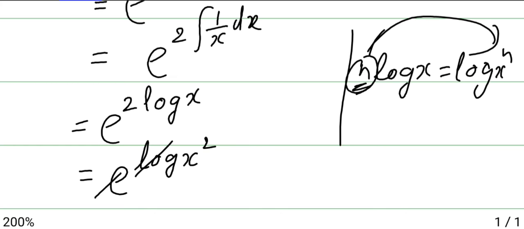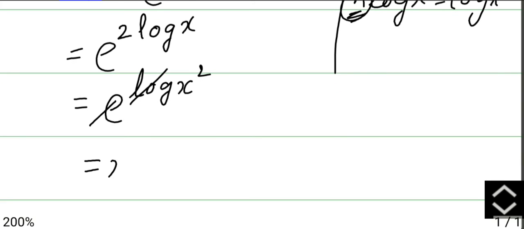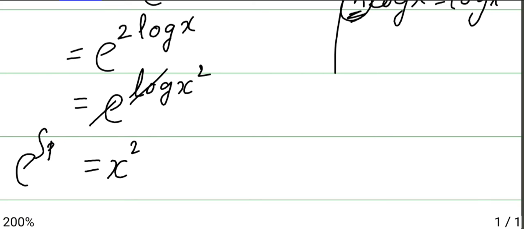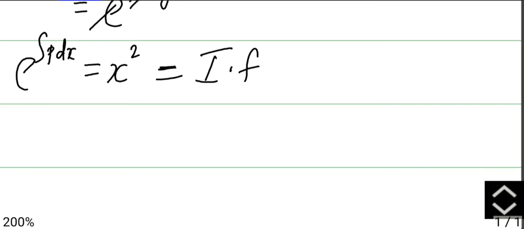Log and e will be cancelled, so the answer will become x square for e power integral of p dx. This can also be called the integrating factor. Okay. So now the integrating factor, third step.